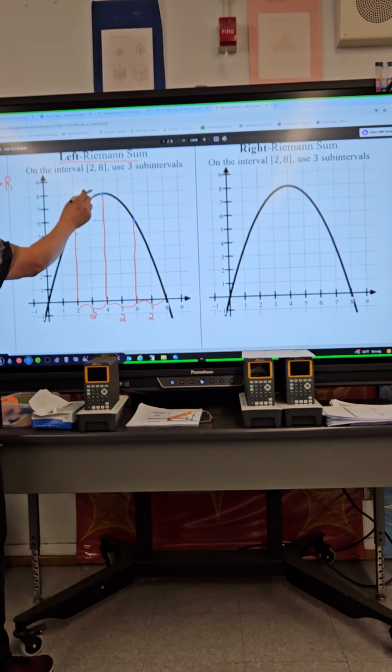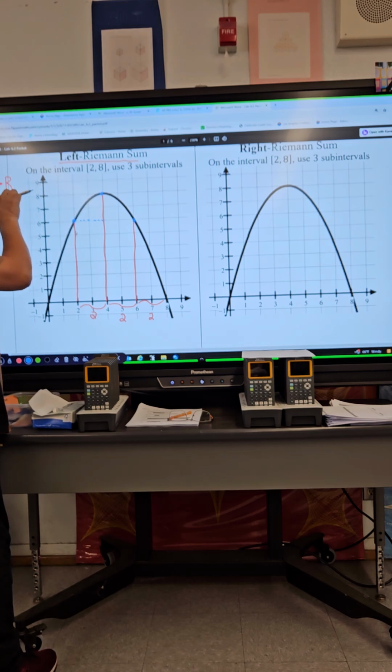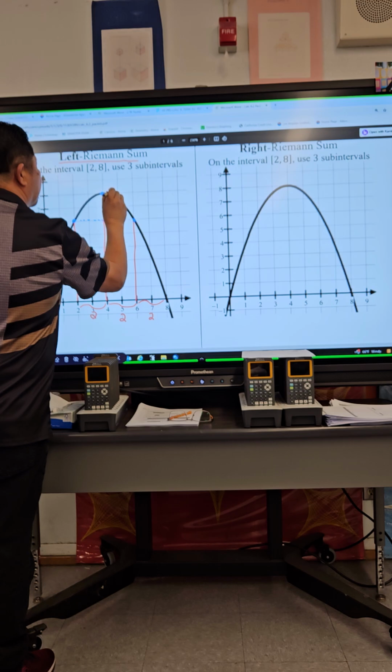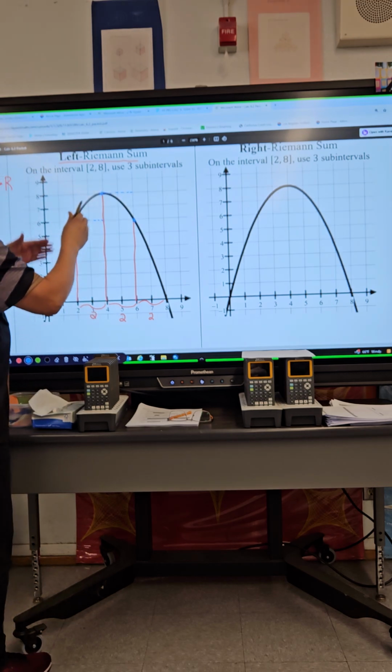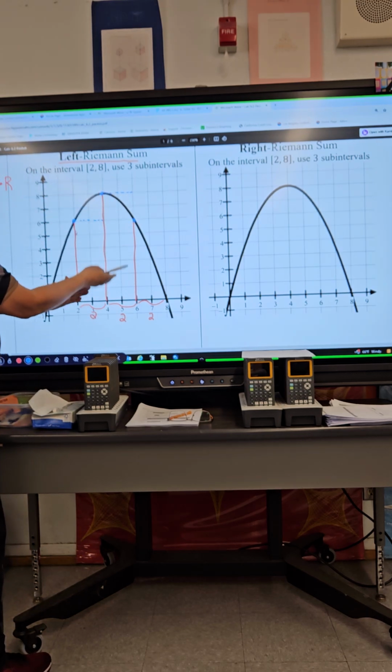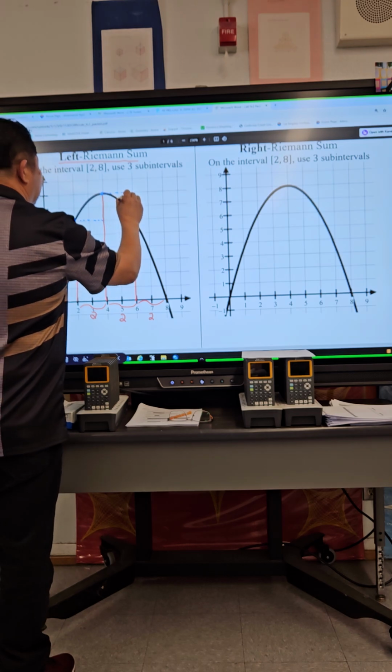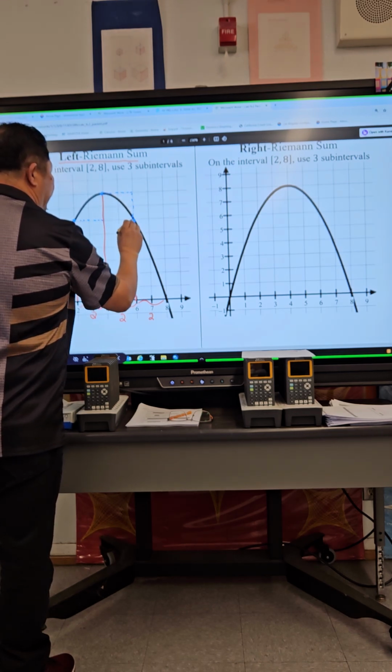This is the second one. What is the direction? You go to the right. So this serves as now your second rectangle, right? And then the next one you already know, to the right.